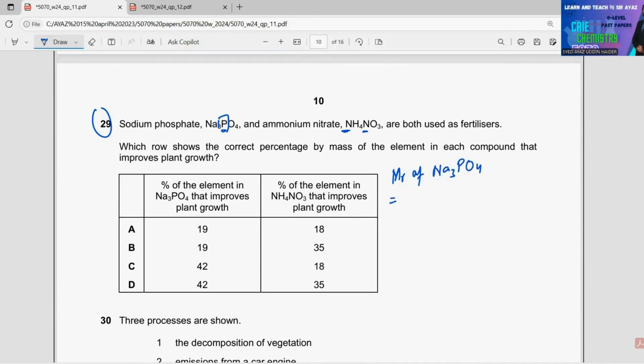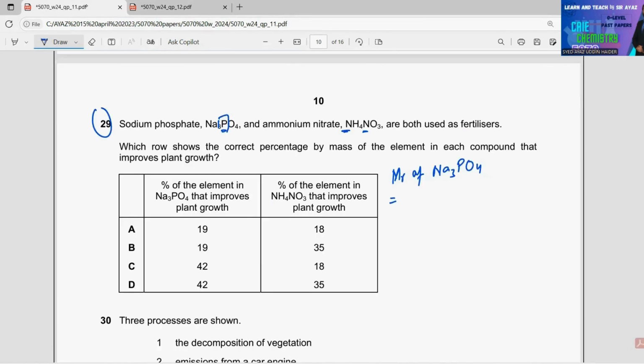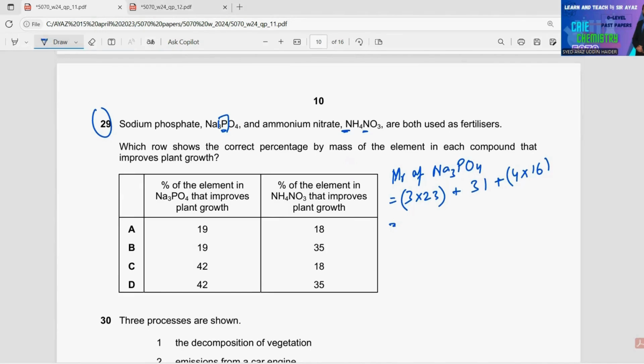So we have 3 atoms of sodium. Ar of sodium is 23. Phosphorus, it's 31. Oxygen, it's 16. So 3 multiplied by 23 plus 31 for phosphorus plus 4 multiplied by 16 for oxygen. So 3 multiplied by 23 is 69, plus 31, plus 4 multiplied by 16, which is 64.